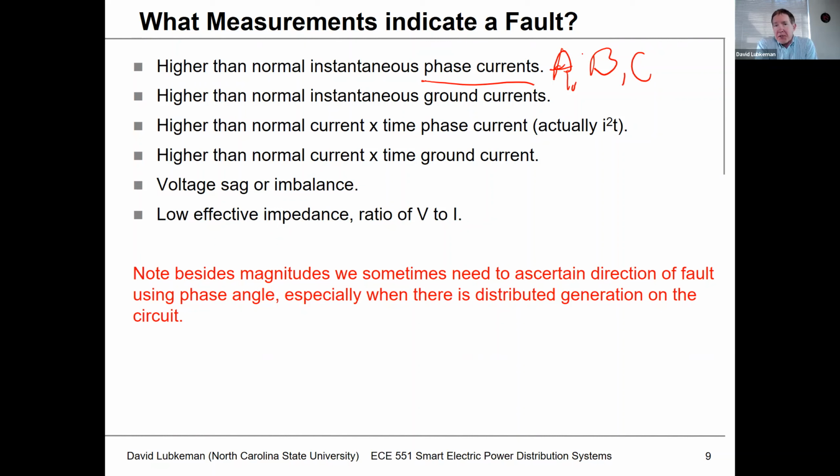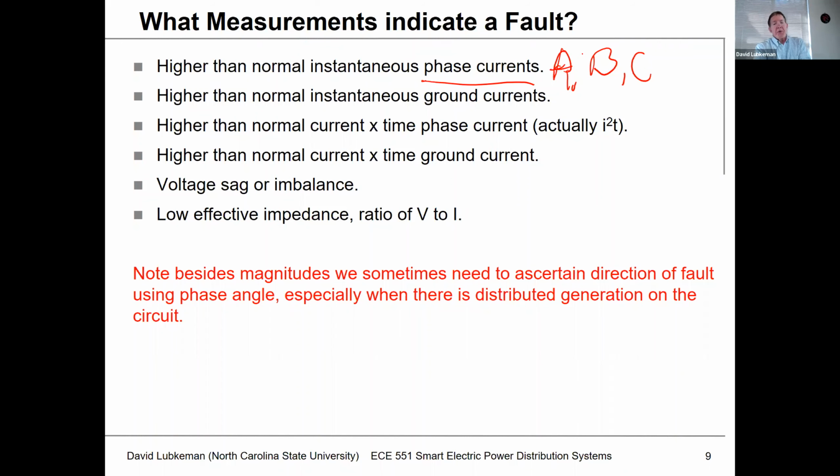Another useful metric is to look at the ground return currents. This is especially useful because if we have a balanced circuit at the top of the feeder, then that ground current is going to be pretty close to zero, and it's going to be real obvious when a single line-to-ground fault occurs, because that ground current is going to jump to a really high value. So we can look at phase currents, and we can look at ground currents.